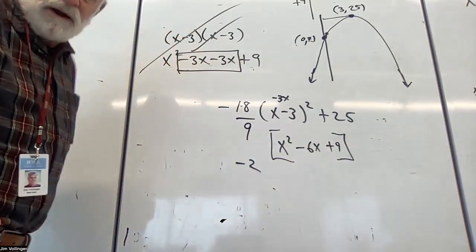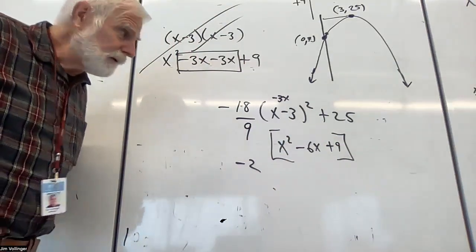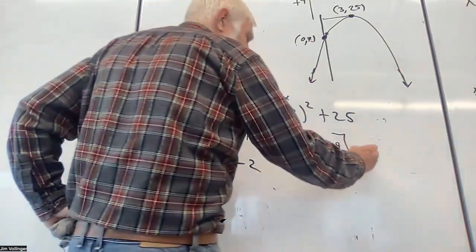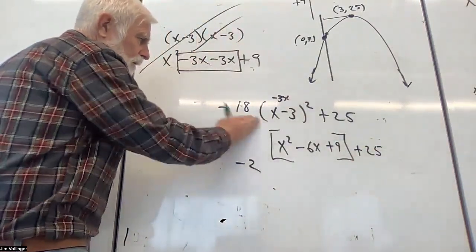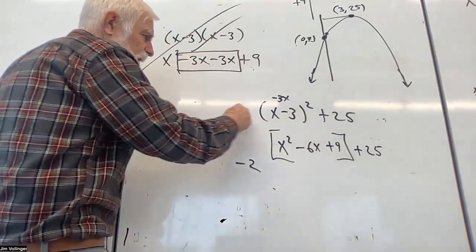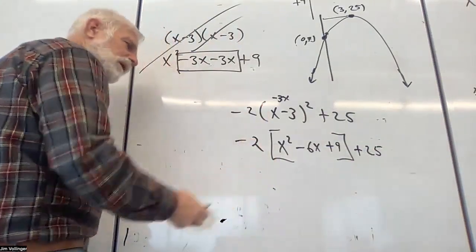Now I'm not working so hard. I put in the effort so I can do it effortlessly. And then the last thing I've got to do is add 25. I'm going to call this -2 to get it out of the way, so it's still here. And so what do we get?